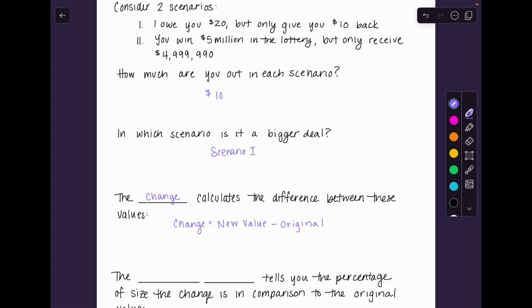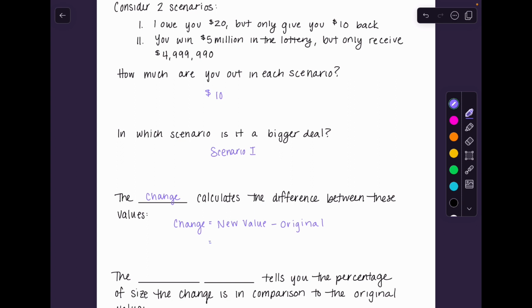Okay. So the sign does make a difference, because your change could be positive or it could be negative. So in this first scenario, you lost $10, your change is negative 10 from what you started with. But if it was the opposite, I owed you 20 bucks, but I ended up giving you 30, you've gained 10 bucks. So your change will be positive.